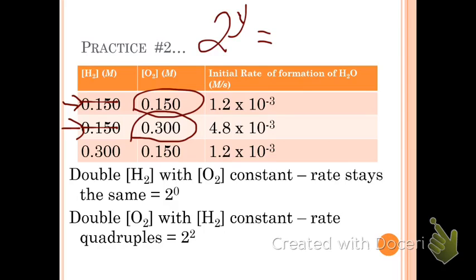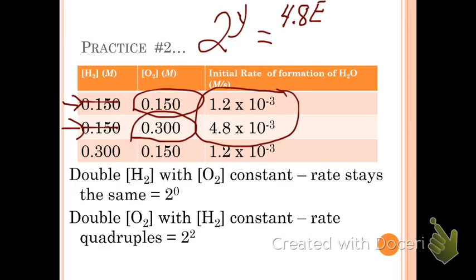When I look at my rates, in experiment 1 it is 1.2 e to the negative 3, and in experiment 2 it is 4.8 e to the negative 3. So that's a difference. I need to find out by what factor it's changing.